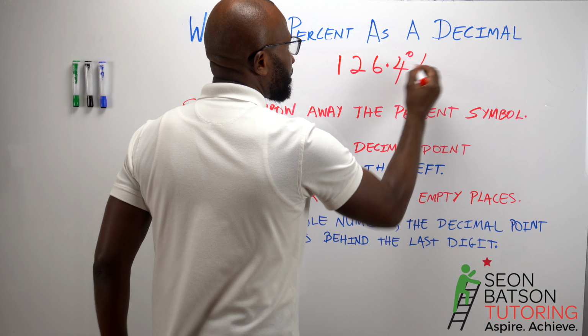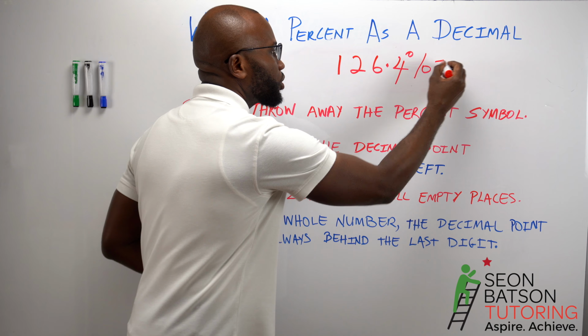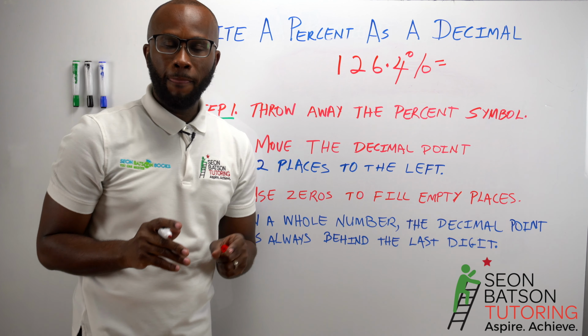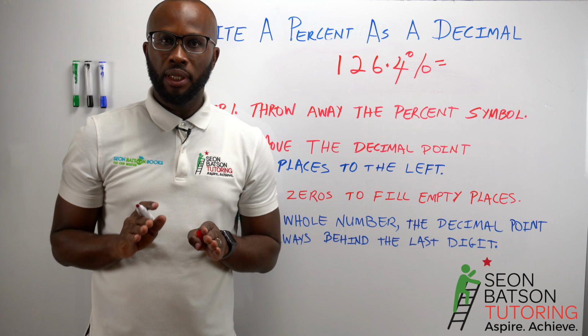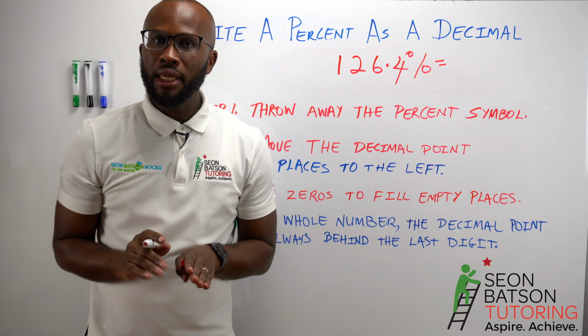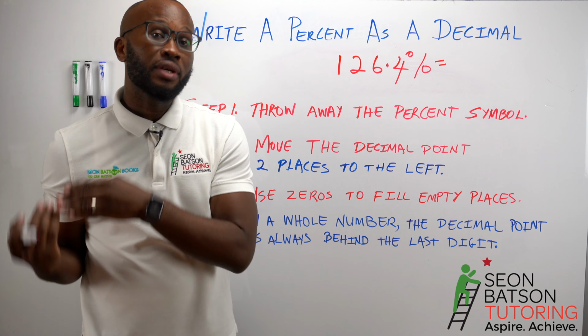Let's do 126.4% as a decimal. So we want to write 126.4% as a decimal. This is what I want you to do for me. Pause the video, yes. Give it a try. If you need to, you can always go back and watch the previous examples.